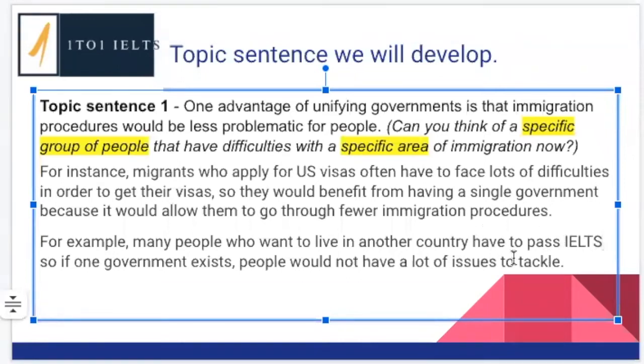So here, I'm looking at this, and we've basically got two parts. We've got they have to take IELTS, and if government exists, they don't have lots of issues. Does part 1 and part 2 connect in this?